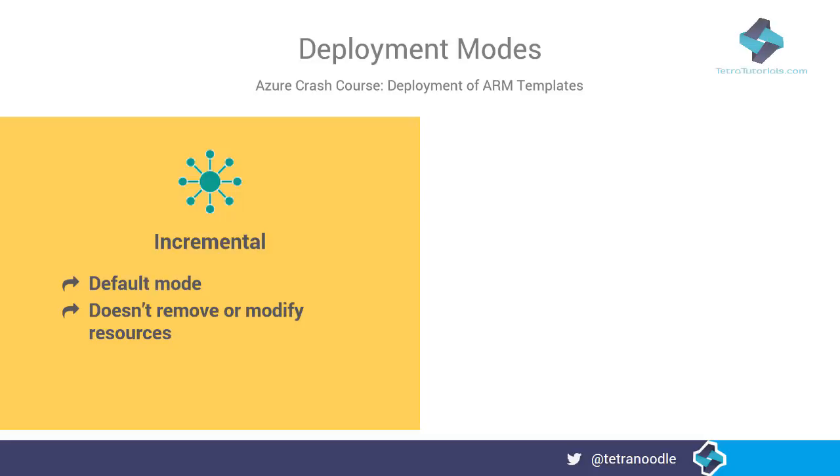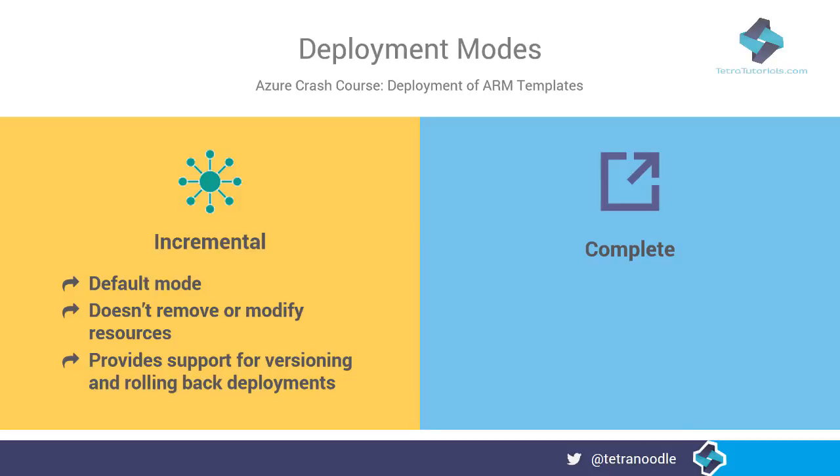In the default mode, it does not remove or modify any existing Azure resources. It just does the incremental deployment of existing Azure cloud resources. This means that incremental deployment mode does not remove or modify existing resources, even if they're not mentioned in the template.